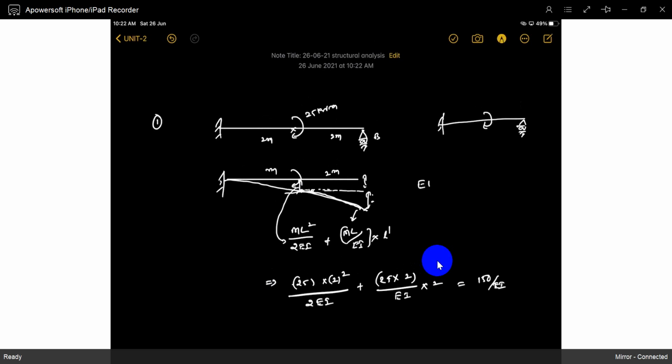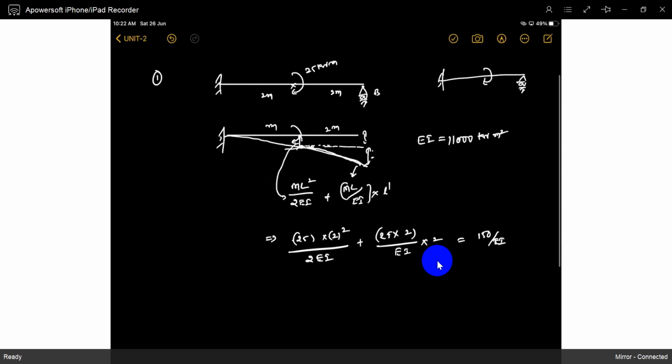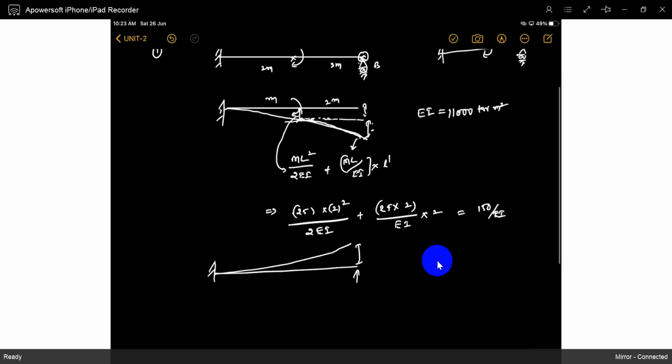And I am also giving EI. EI is 100 kilonewton meter square. That is the EI value. With the application of the force, it will deflect like this. These two deflections are equal because the vertical deflection is restrained at B. So what is that value?